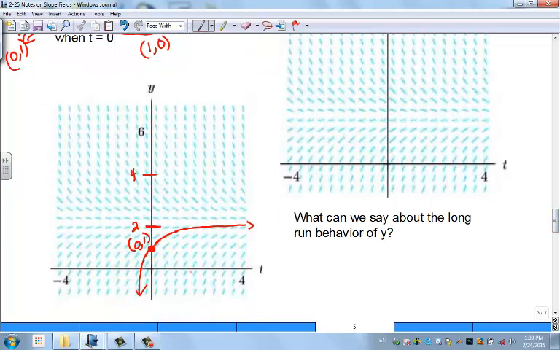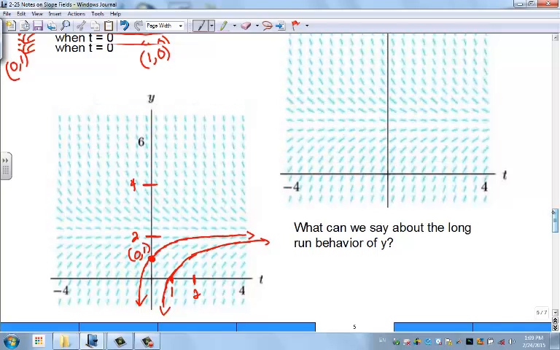Well, if this is 4, then this is about 2, and this is about 1. So if I'm following there, what happens? As I go down, my slopes become more steep, and as I go up, they become less steep until, again, you end up right at 2, at a flat spot. What does that look like? Well, it looks like a horizontal asymptote to me, and that's exactly what it is.